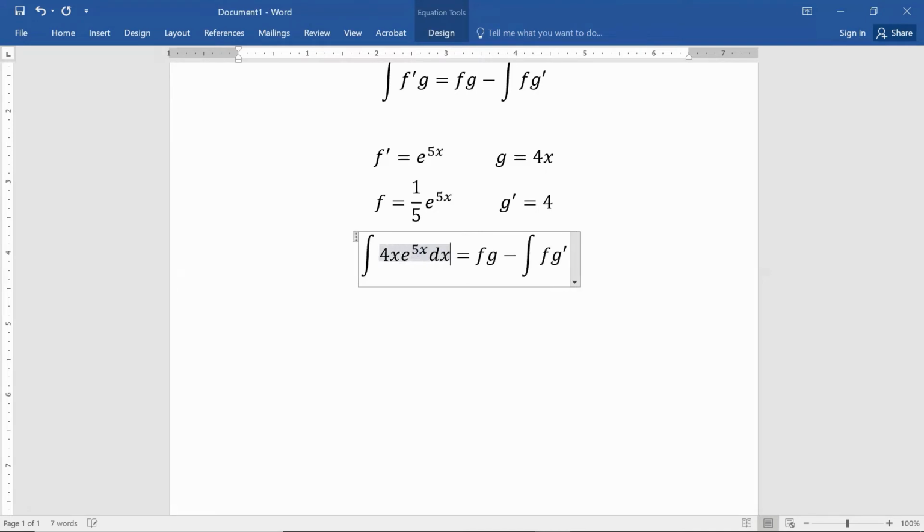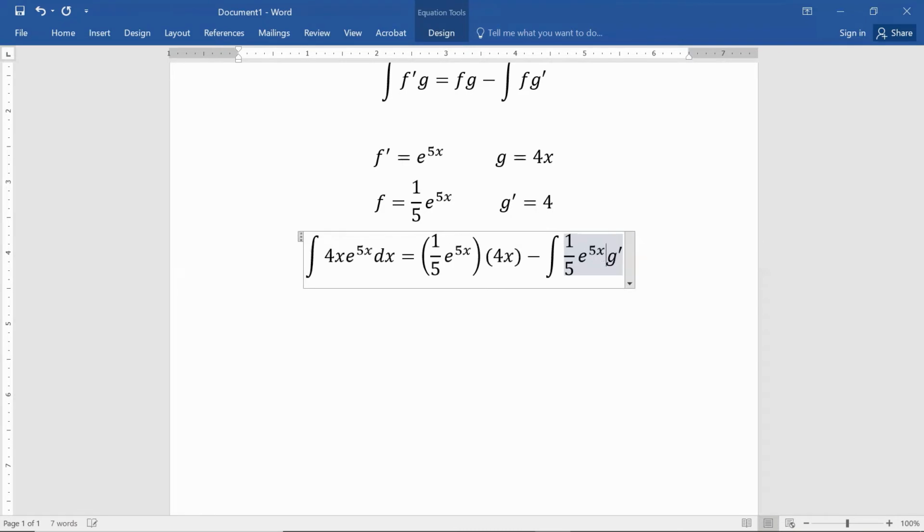Obviously, I'm going to integrate with respect to x, is equal to f, which is 1/5 e to the 5x, times g, which is 4x, minus f, 1/5 e to the 5x, multiplied times g prime. G prime here is just 4. Obviously, we're integrating with respect to x.